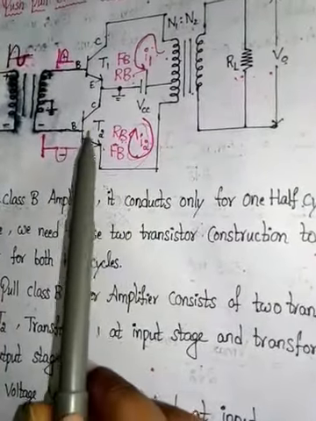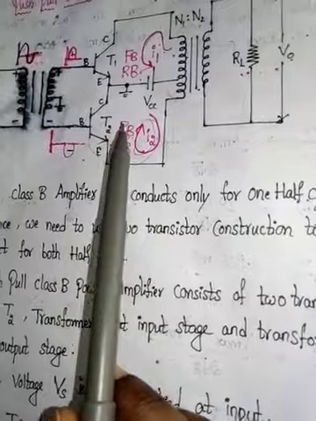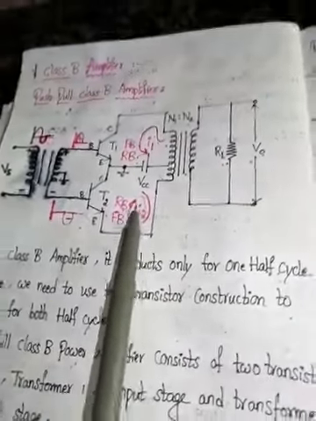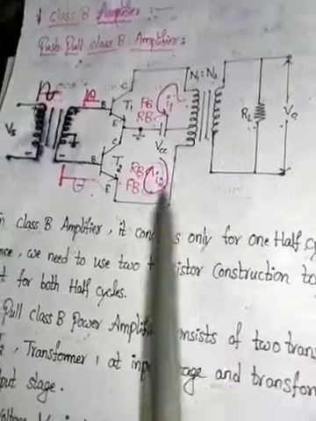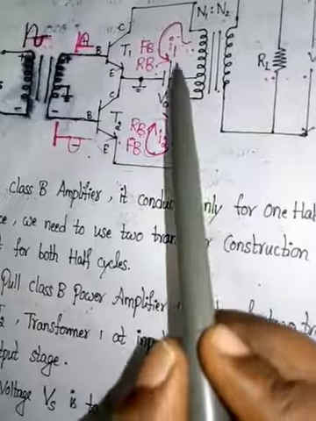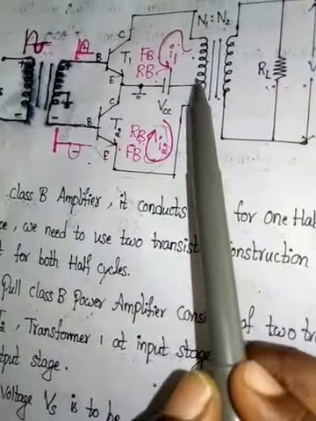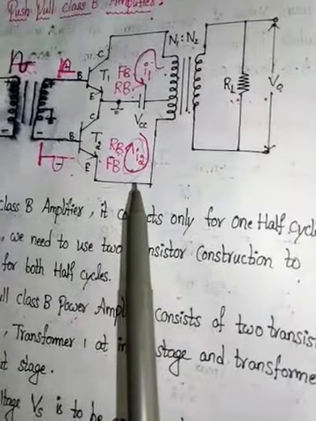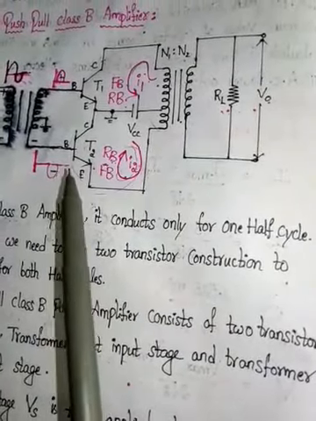So the current will start flowing across the transistor T2, and the current flowing will be I2. So for one half cycle T1 conducts, and for the other half cycle T2 conducts.